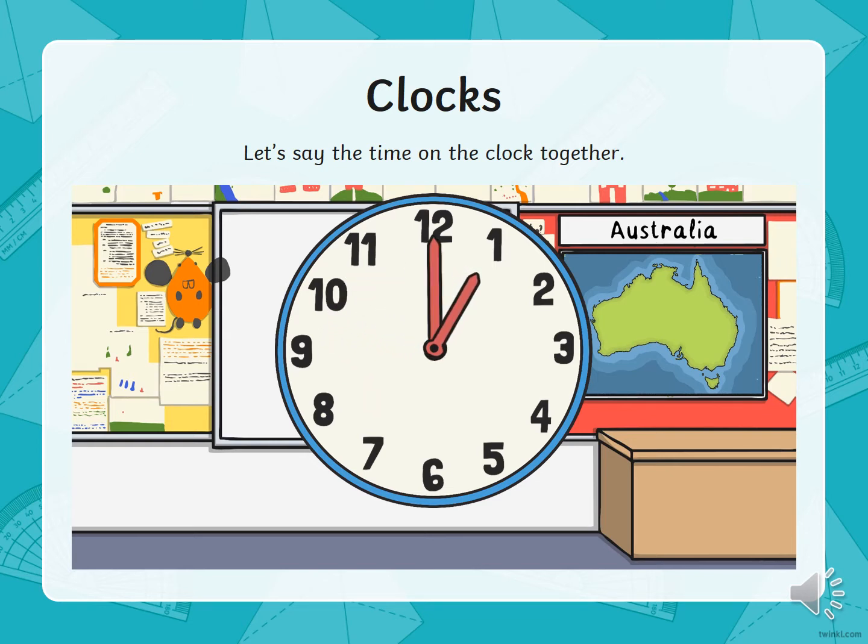1 o'clock. You can see the minute hand is pointing to the 12 and the hour hand is pointing to the 1. 2 o'clock. The hour hand is pointing to the 2 and the minute hand is pointing to the 12. What time will be next?